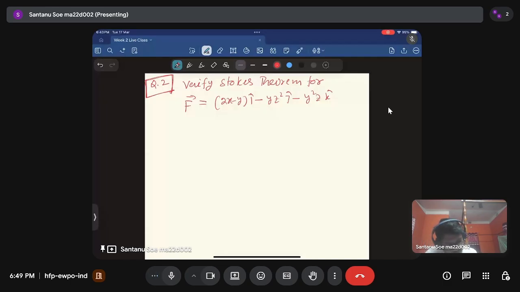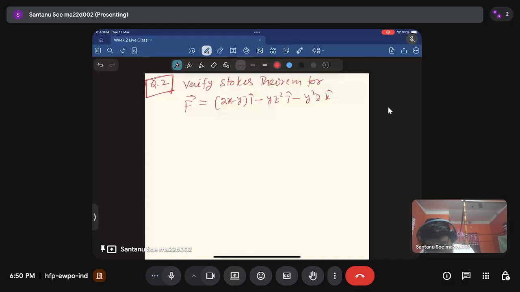So first we're going to calculate the right hand side of star.